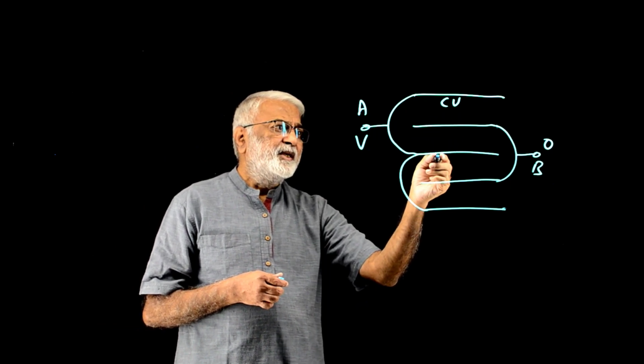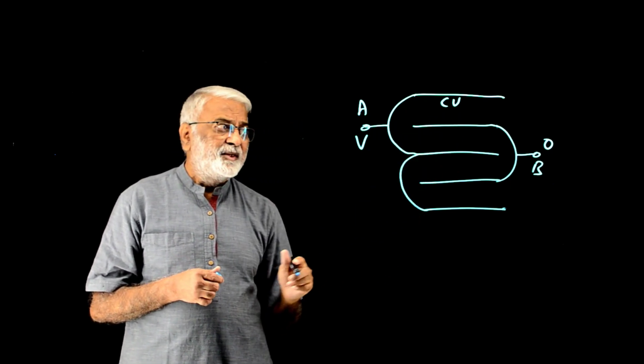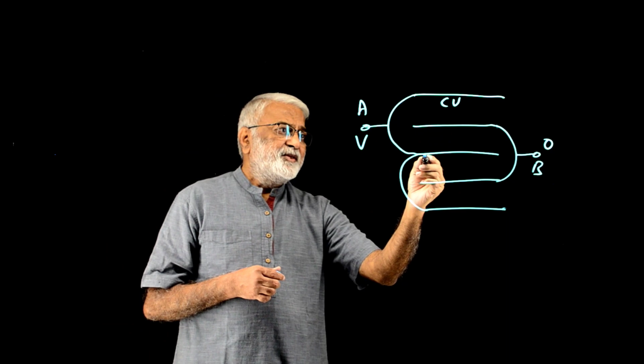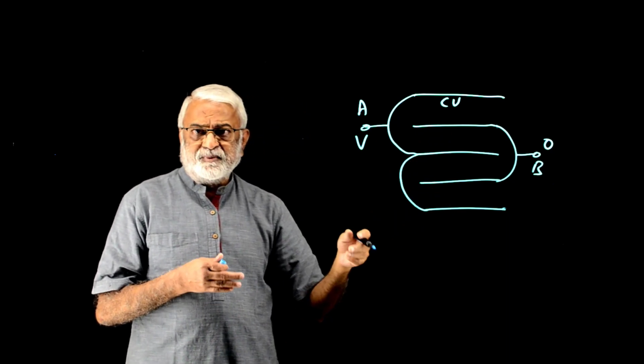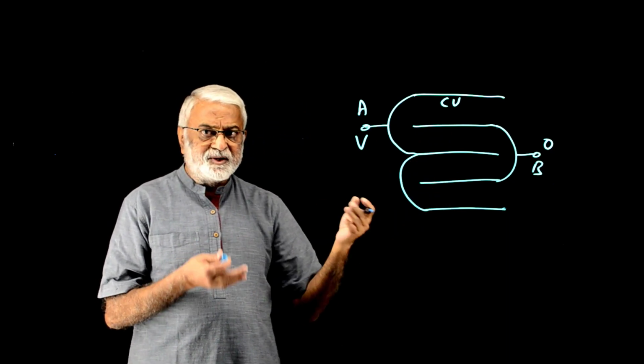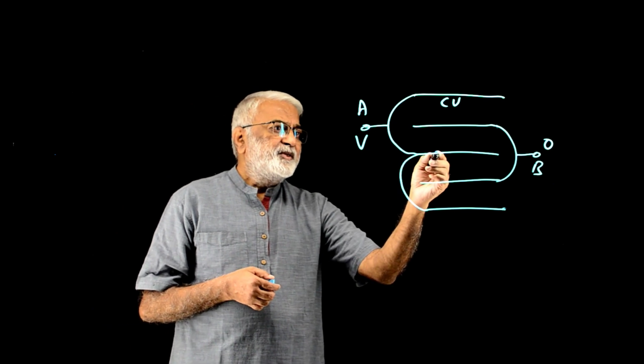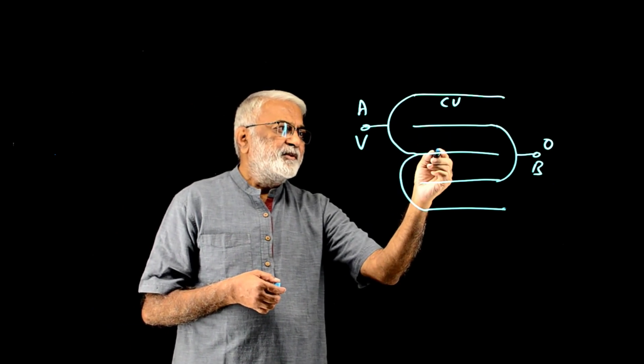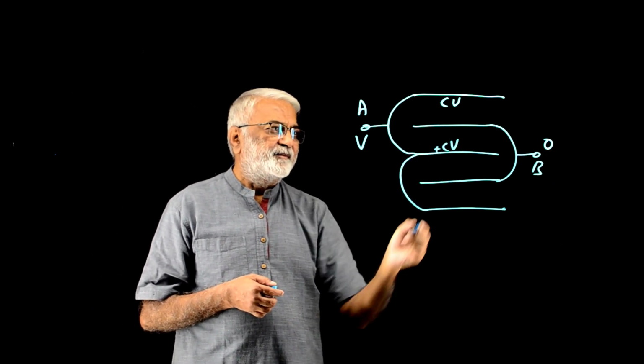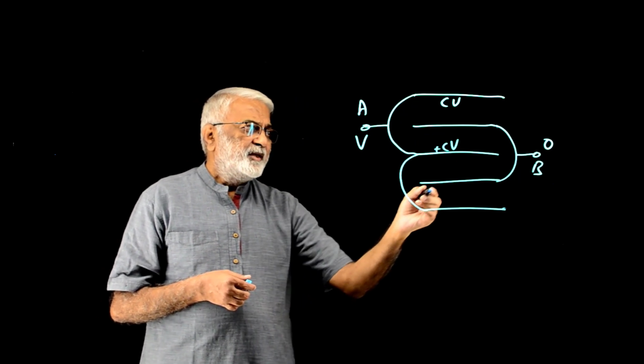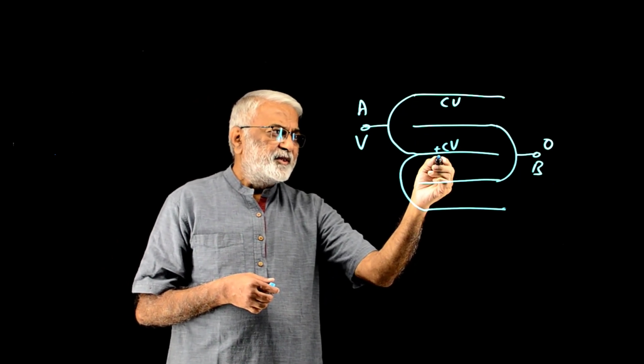Then this is CV. Let's just go to the positive plates, these are the ones with higher potential. We're assuming V is positive, and so this is V and this is 0, so this is plus CV again. And here this is 0, this is V, so this is plus CV.